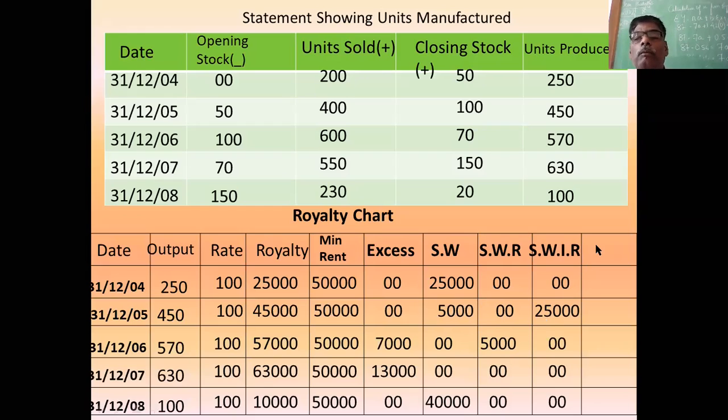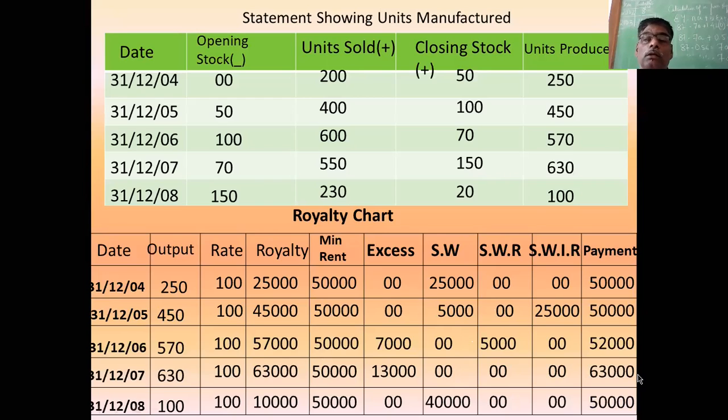Then you calculate the payment. Payment is equal to royalty plus SW minus SWR. Okay. Royalty 57,000 plus 0 minus 5,000. 63,000 plus 0 minus 0. Then 10,000 plus 0. Sorry, plus 40,000 minus 0. 50,000.